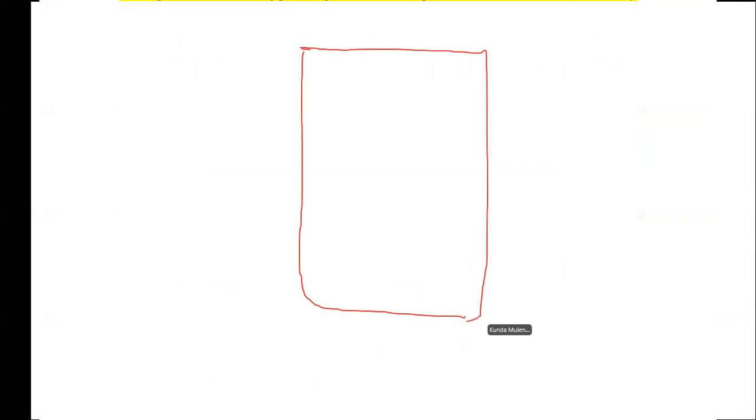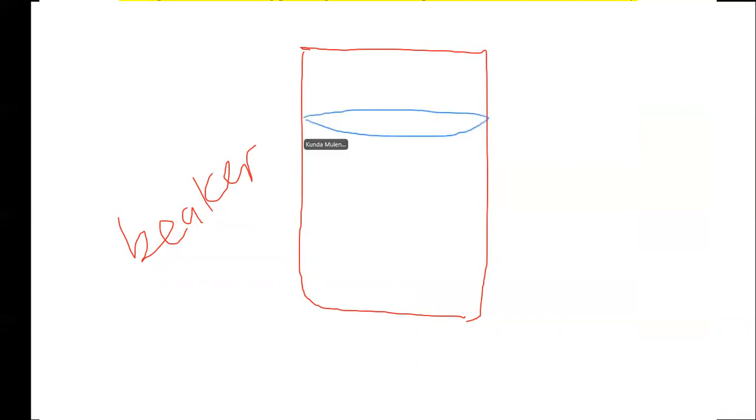Okay, so let's look at this, which is even bringing me to one of the separation techniques that we will have to look at. Suppose we have, this is a beaker. And then in this beaker, we have two solvents. Let me use different colors. We have this solvent here, and that's a label, first label.